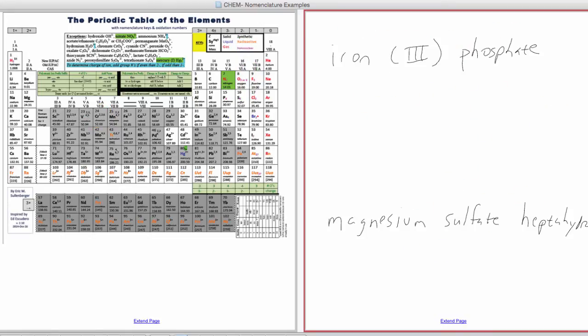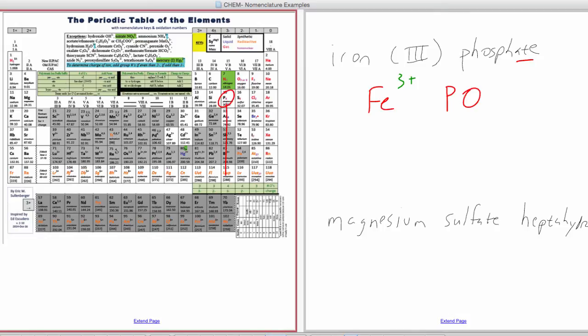So the hardest thing is adding all these things together. Stock naming with transition metals with polyatomic ions. So I have here an example of that. Iron 3 phosphate. Well, iron, Fe, Roman numeral 3, 3+ charge. Phosphate, that's a polyatomic ion, so this is going to be an oxyanion.